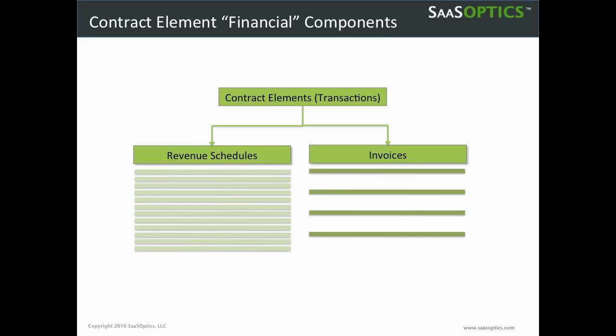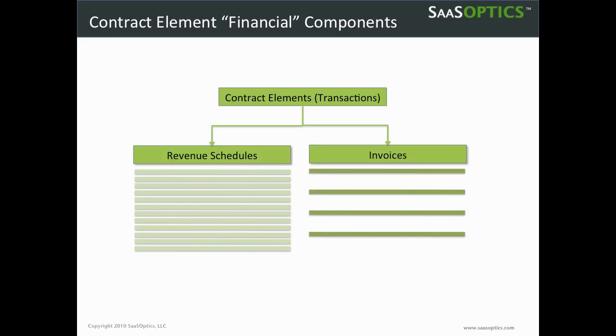Now, the contract element financial components break down as follows. Each contract element, which I call transactions, a lot of people call them transactions, but they're contract elements technically. Each one will have a revenue schedule. It's a very, very important concept to understand that each contract element has its own revenue schedule.